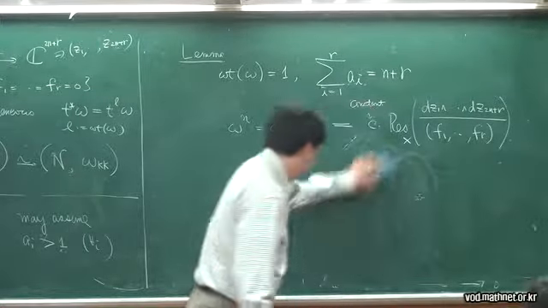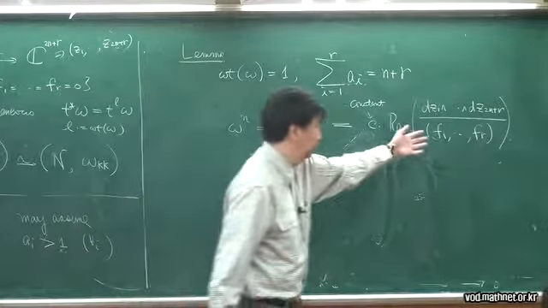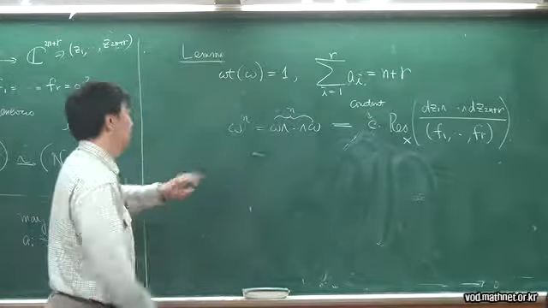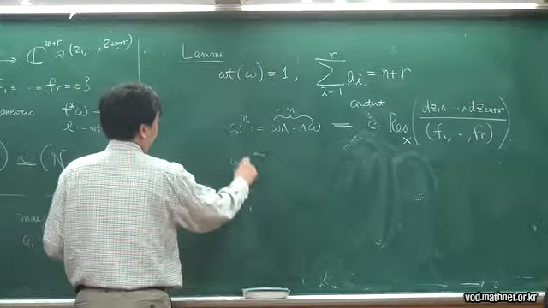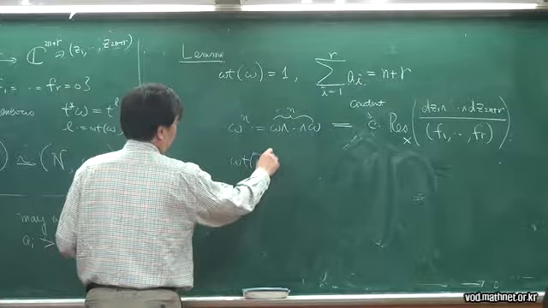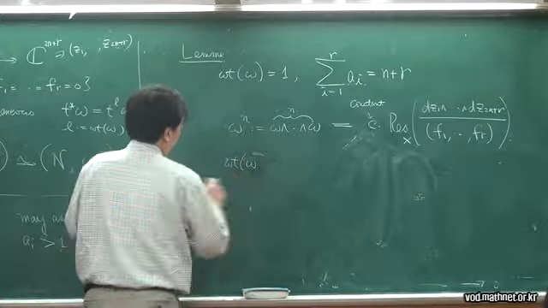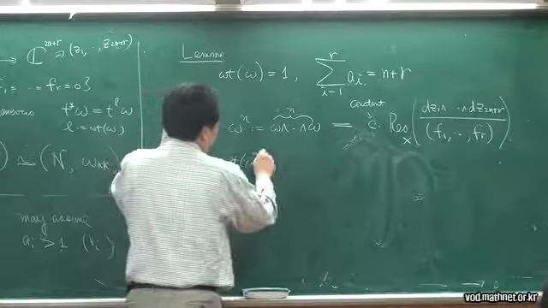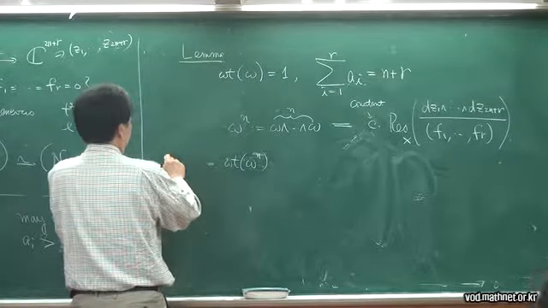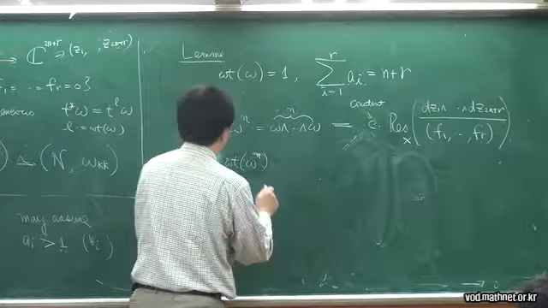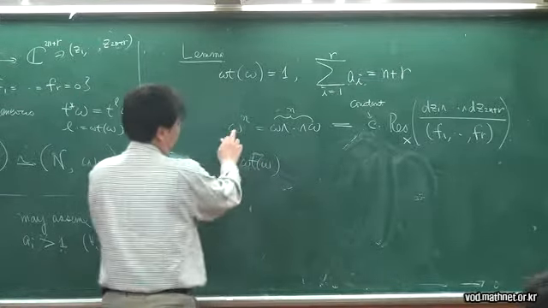So let's compare the degree of each side. The degree is nothing but the weight; the weight and degree are the same. So the weight of omega^n is n times the weight of omega, the degree.